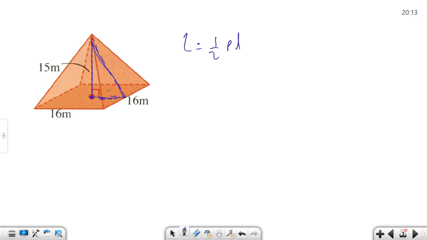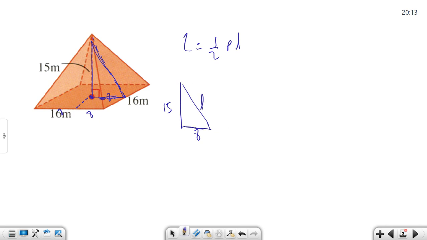The hypotenuse is the slant height, and I know two sides. That's 15. Let's draw that triangle here. This is the midpoint, therefore this is 8 and 8.